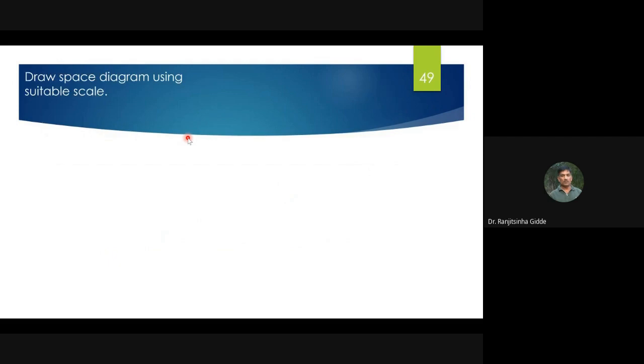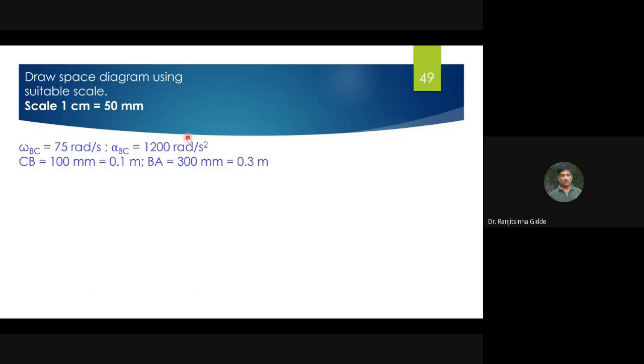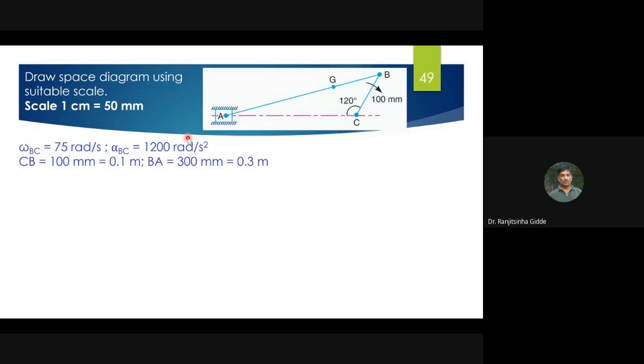So first of all we have drawn the space diagram. The scale selected was 1 centimeter is equal to 50 mm. This is given data. This one is the space diagram. So CB is equal to 100 mm, which we have converted into 0.1 meter. BA is equal to 300 mm, and that is 0.3 meter.